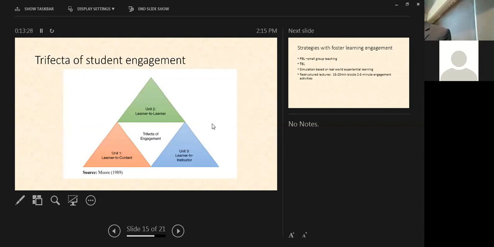And this is important when you're looking at small group sessions and other sessions in which you're giving work to do. Even if it's something like a lecture, you can build in activities that foster these things, so your students will not get bored.